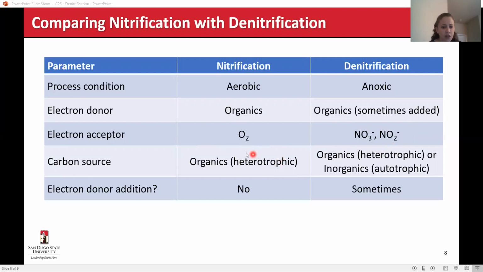Our carbon source for nitrification is inorganics for the autotrophs, and organics for heterotrophs, and for the denitrifiers it's organics for heterotrophs. For nitrification, we typically don't need to add an external electron donor, but sometimes we do for denitrification because by that point in time, we've consumed most of the COD or BOD in the wastewater.